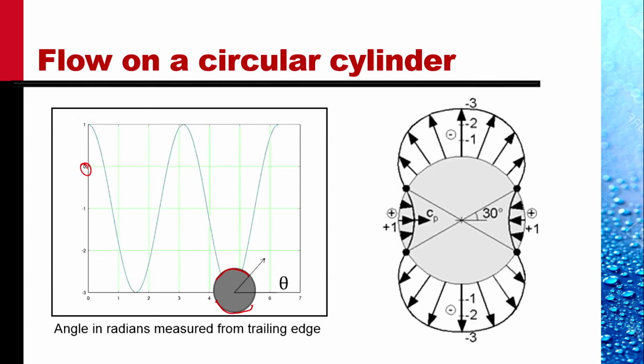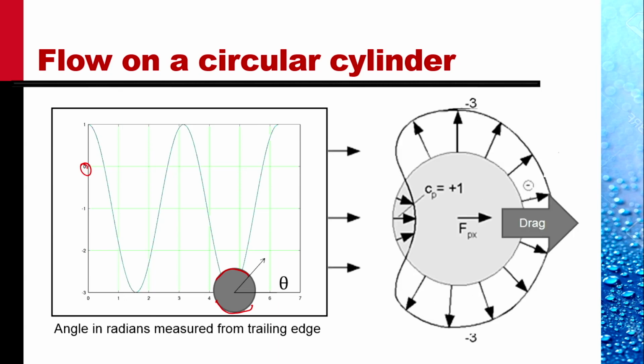This is what the pressure coefficient appears to be if we calculate using Euler equation. But the actual pressure distribution is something like this, quite different from what we calculate using the Euler equation.